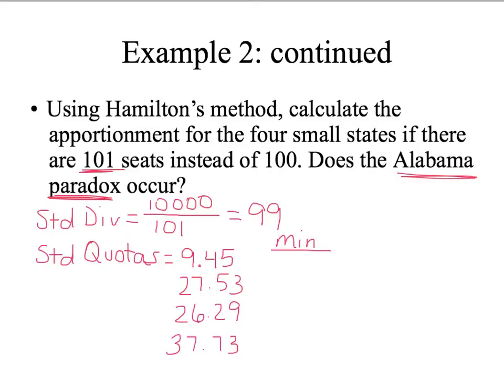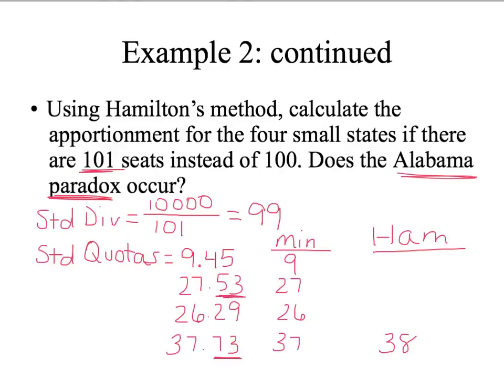Then Hamilton finds the minimum quotas, so rounds everything down, 9, 27, 26, 37, and he has to give out 2 extra seats. So looking at who has the biggest decimal, this one, 37.73 does, so we'll round that one up to 38.